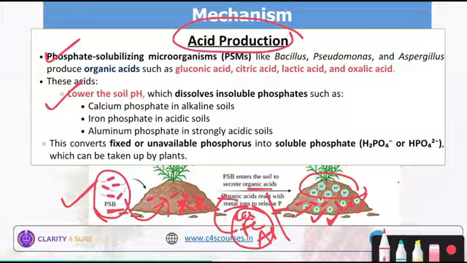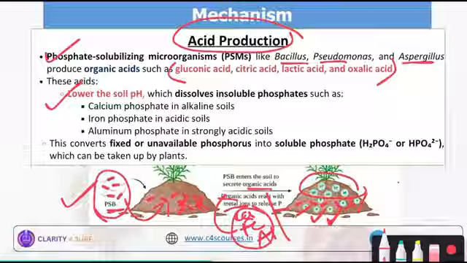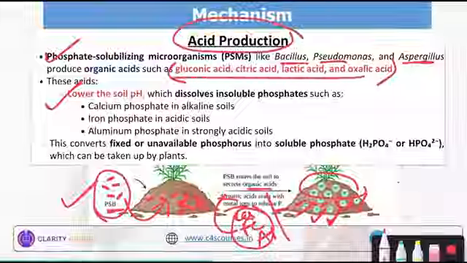These phosphate solubilizing microorganisms like Bacillus, Pseudomonas, Aspergillus are going to produce organic acids like gluconic acid, citric acid, lactic acid, and oxalic acid. And these organic acids are going to do what?